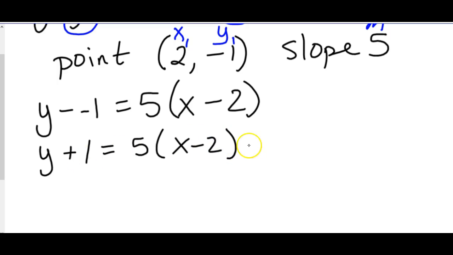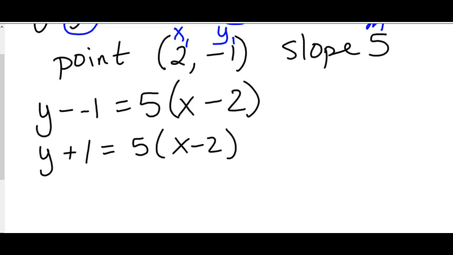Now it looks like on the assignment most of the time they're leaving the answer like this. If it doesn't leave it like this, you can simplify and change it again to slope-intercept form. Slope-intercept is often the best for graphing, so we often have to change them to slope-intercept.